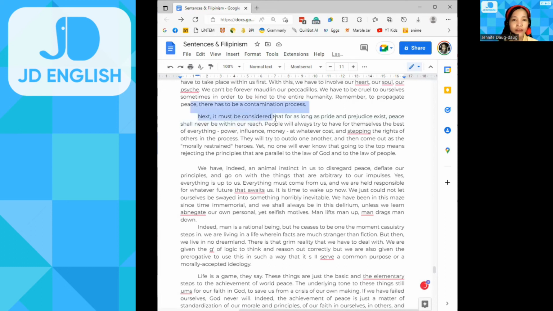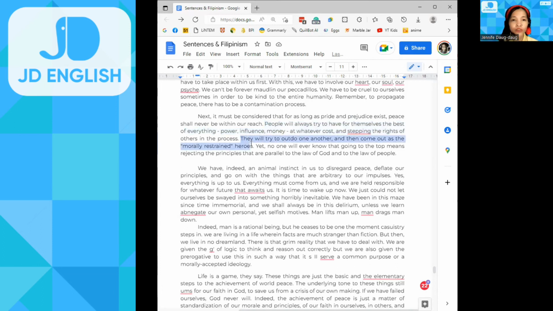Next, it must be considered that for as long as pride and prejudice exist, peace shall never be within our reach. People always try to have for themselves the best of everything: power, influence, money, at whatever cost, and stepping on the rights of others in the process.